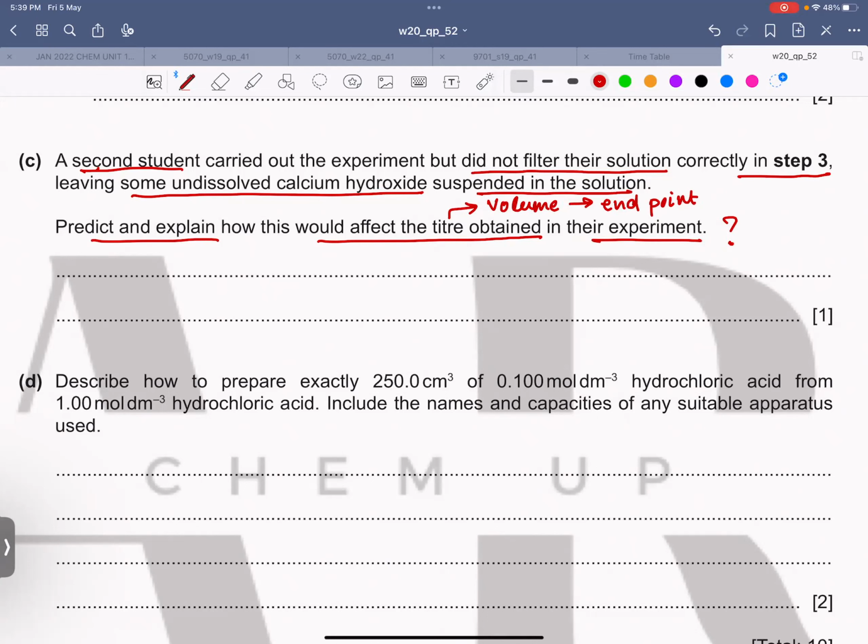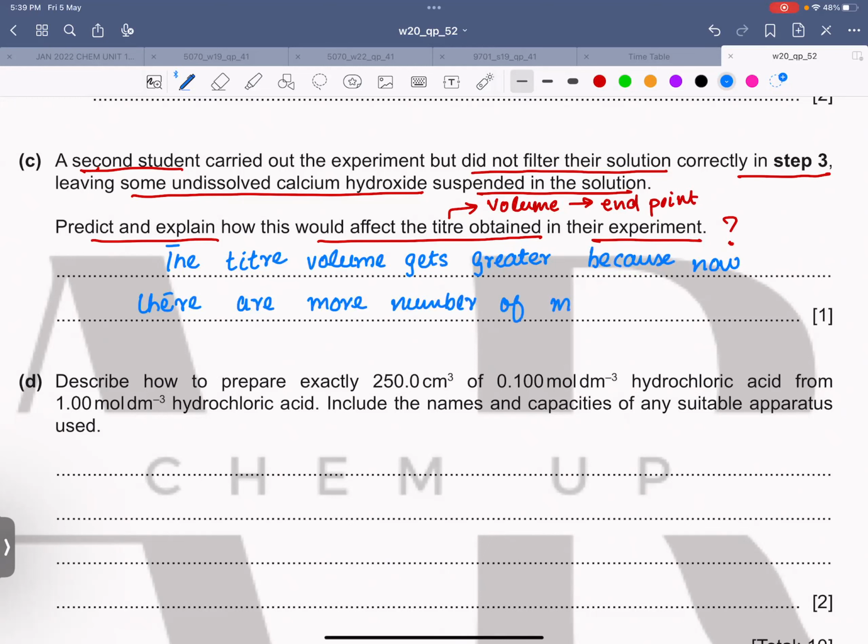So here we can say that the titer volume gets greater or increased because now there are more moles of calcium hydroxide.